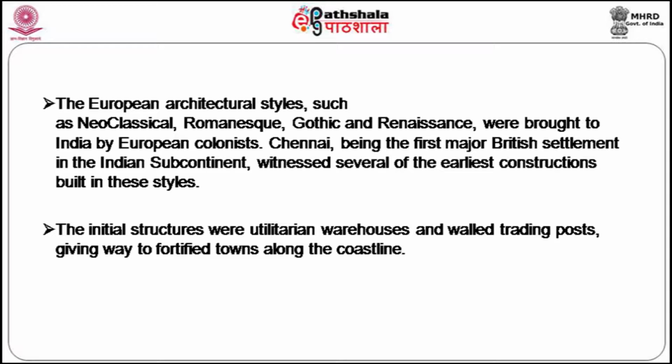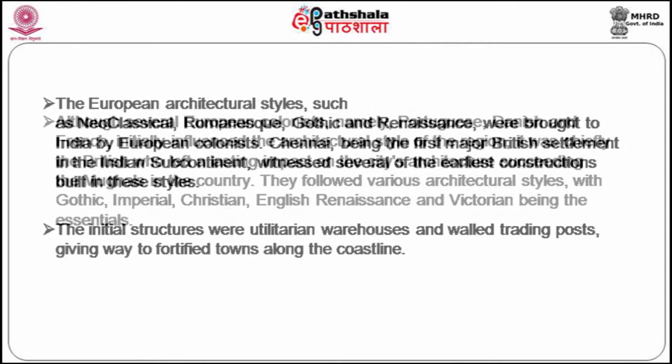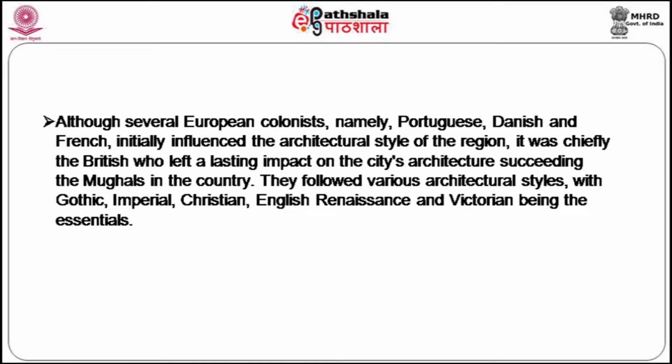Initial structures were utilitarian warehouses and walled trading posts, giving way to fortified towns along the coastline. Although several European colonies, namely Portuguese, Danish and French, initially influenced the architectural style of the region, it was chiefly the British who left a lasting impact on the city's architecture, succeeding the Mughals in the country. This followed various architectural styles, with Gothic, Imperial, Christian, English Renaissance and Victorian being essentials.